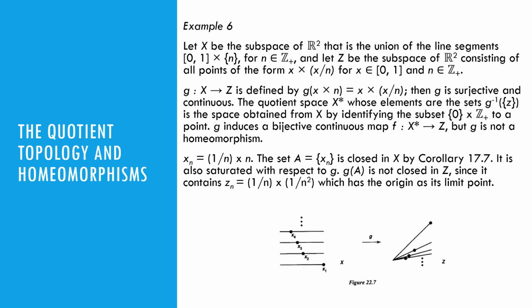So we define a collection of points xn, which equal 1 over n cross n, and our set. I'm sorry, I think in our textbook it said that F is not a homeomorphism, right? Because G itself is not a bijection, right? So of course it's not a homeomorphism.